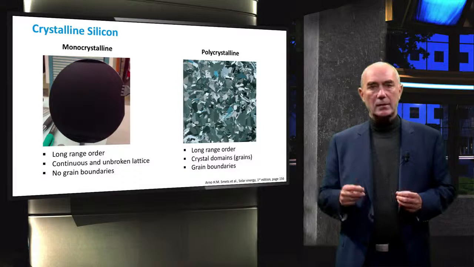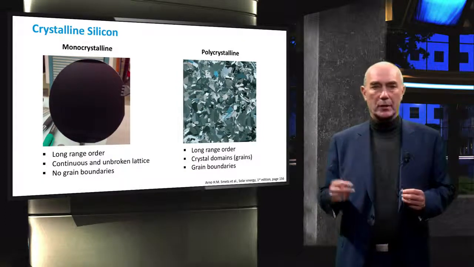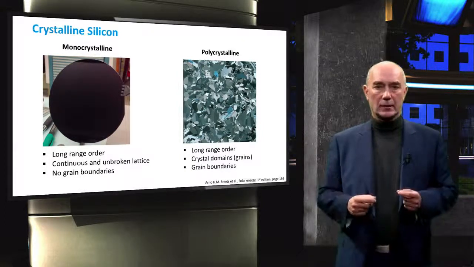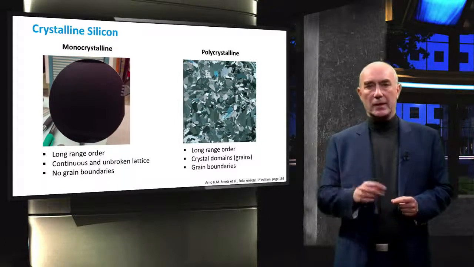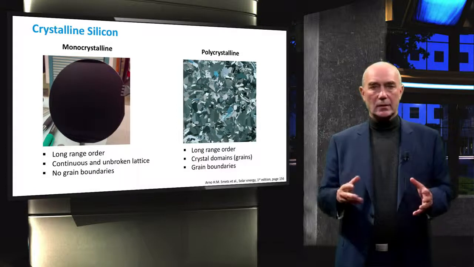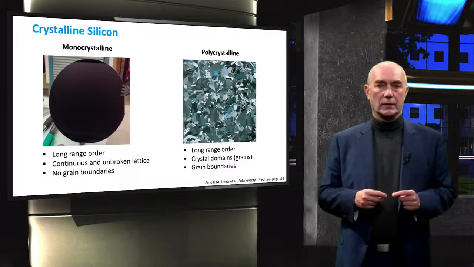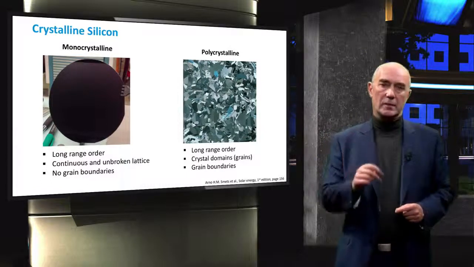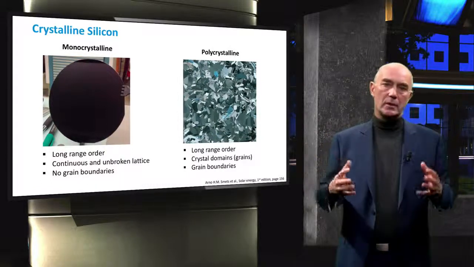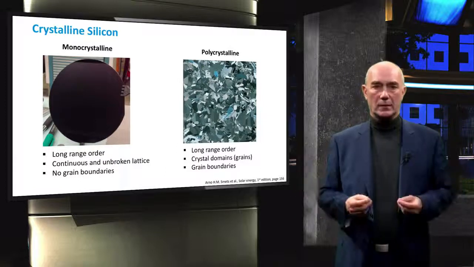Macroscopically, this is how monocrystalline and polycrystalline silicon wafers look like. The differences are clearly visible. In the first case, the lattice is characterized by very long-range order over the whole wafer. On the other hand, in polycrystalline silicon, we can observe several crystal domains.